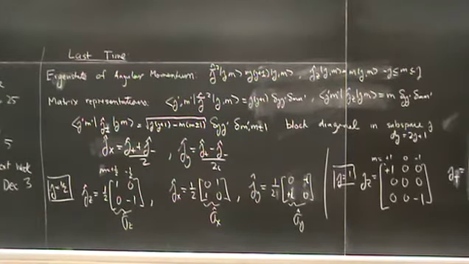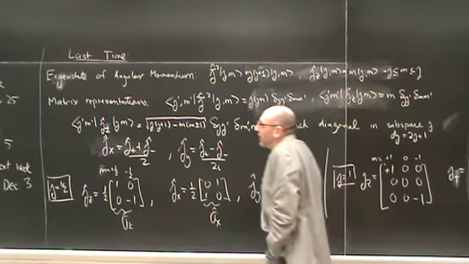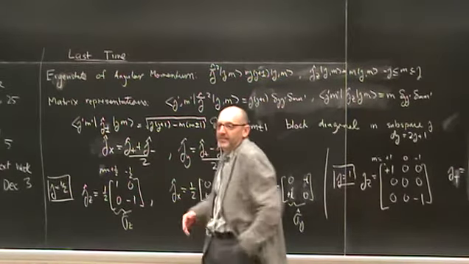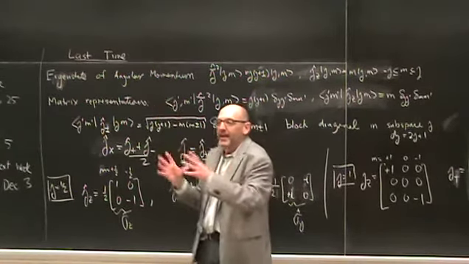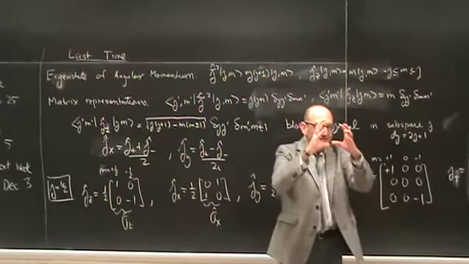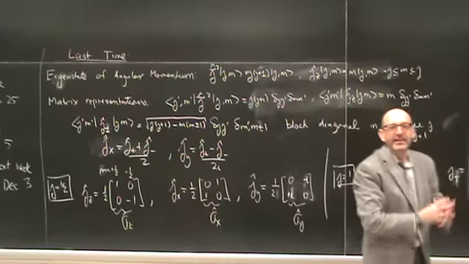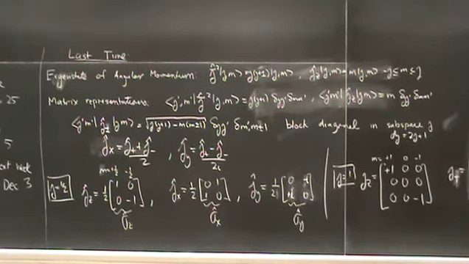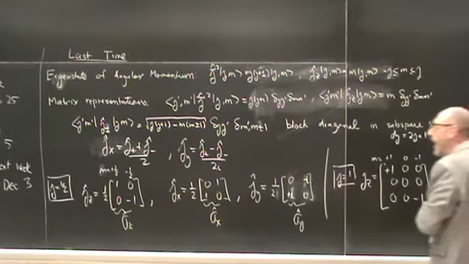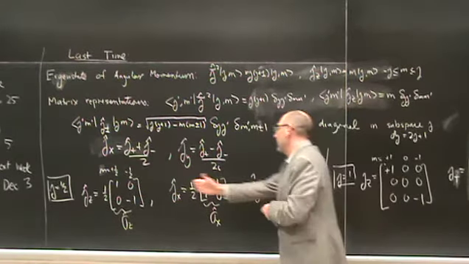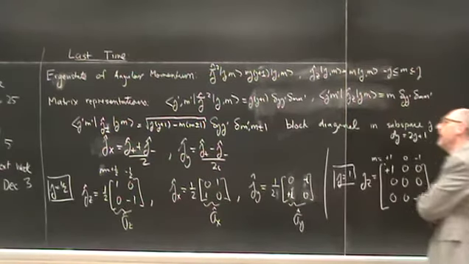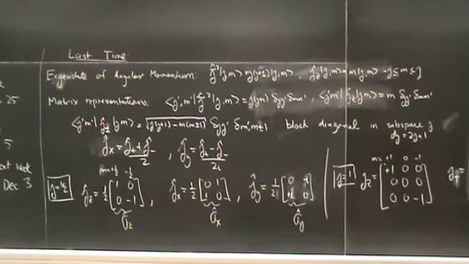We rarely would write down the matrix representation for all j. Since they're block diagonal, we restrict our attention to each block associated with the given magnitude eigenvalue j. So for j equals a half, these are the matrix representations for the three components of angular momentum.